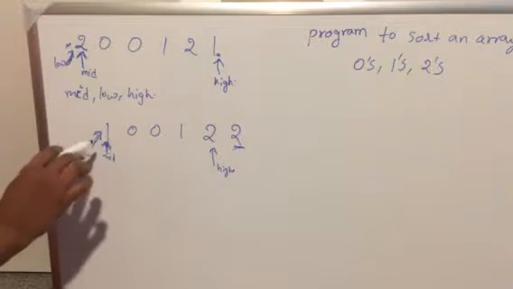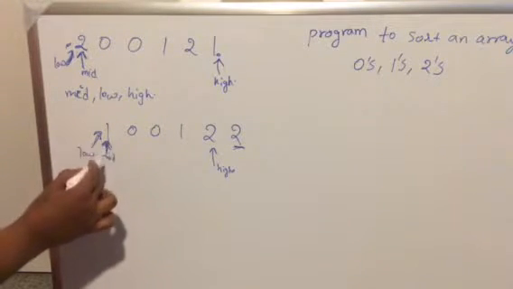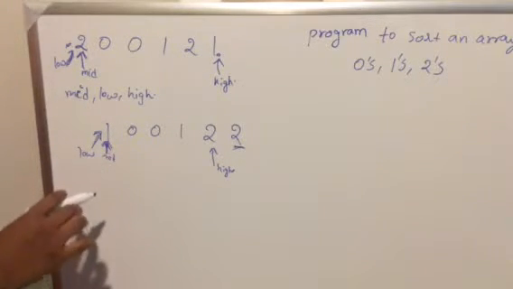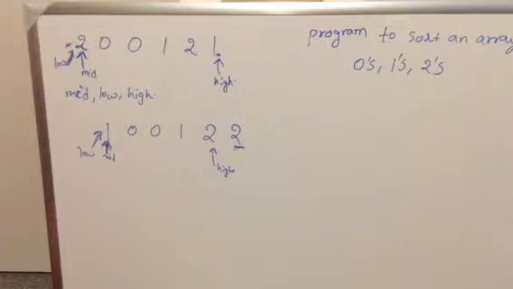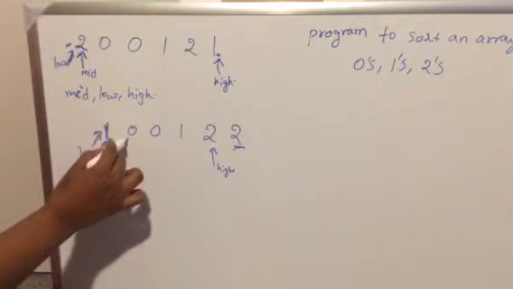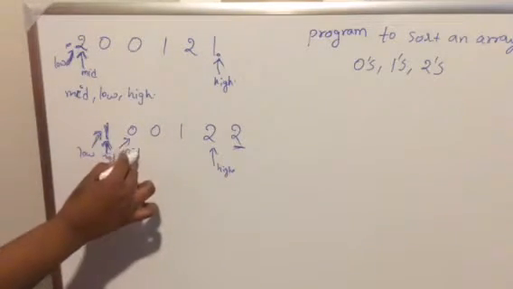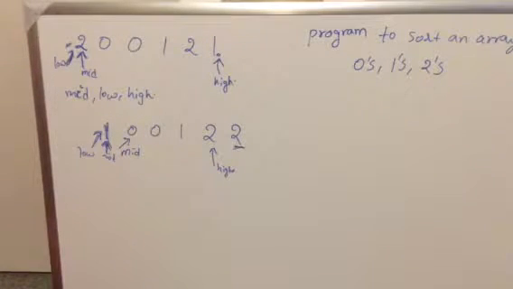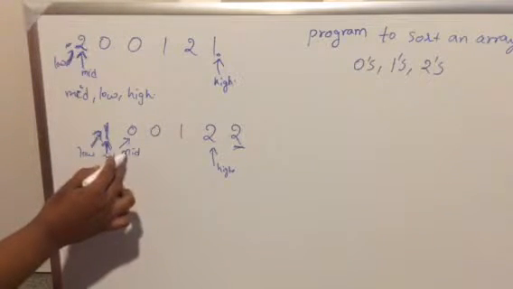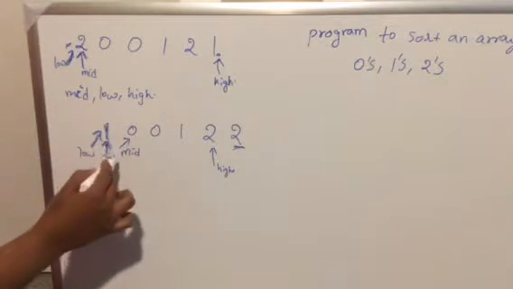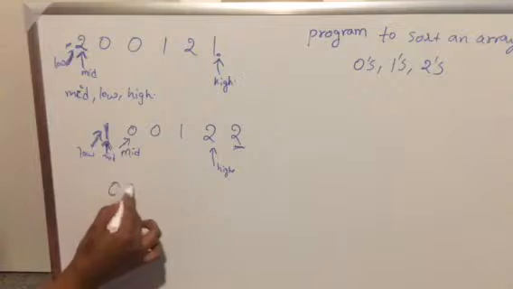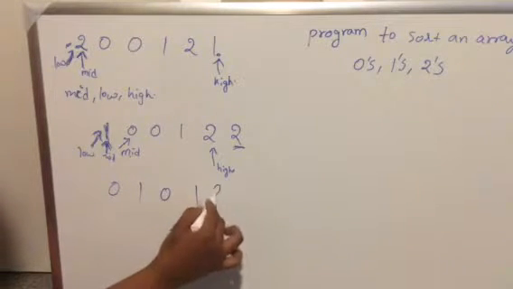If mid is 1, then no need to swap, and the mid pointer will move here. Again it checks: mid is 0, so now we are swapping low and mid, giving 0, 1, 0, 1, 2, 2.